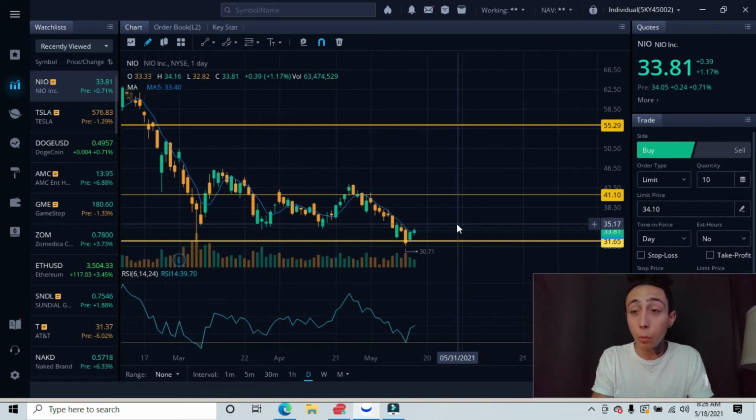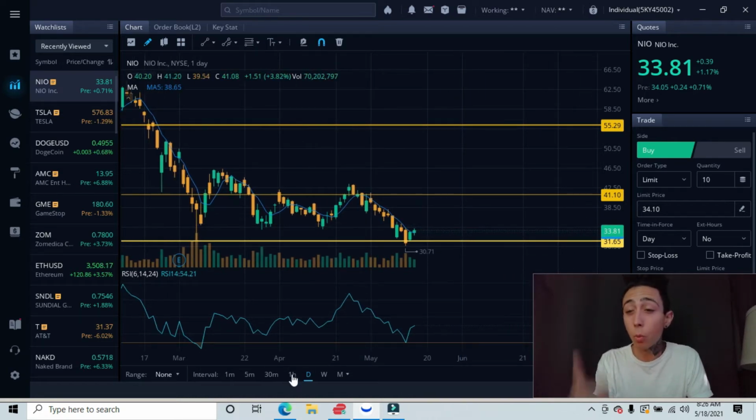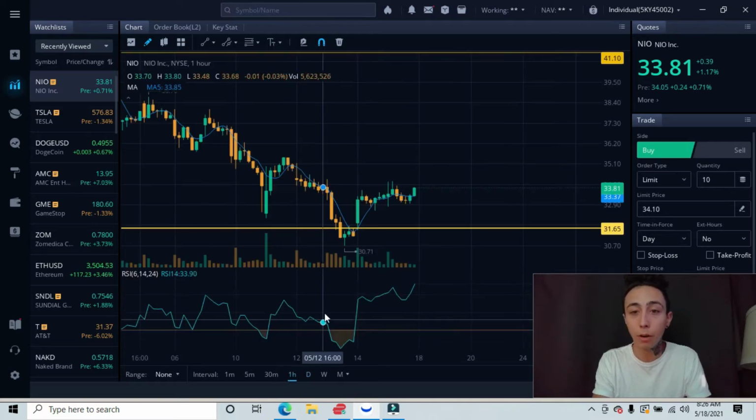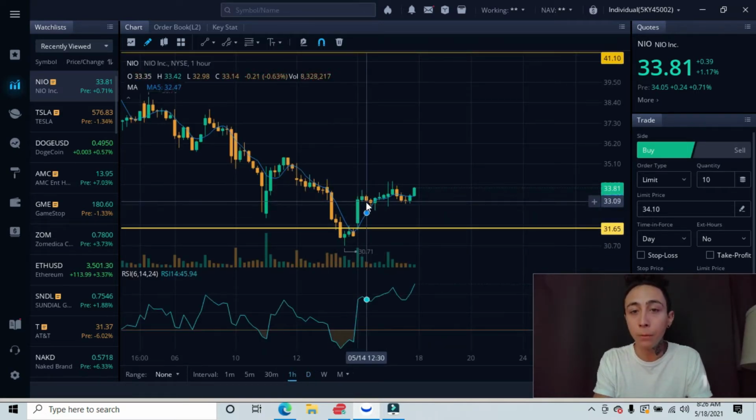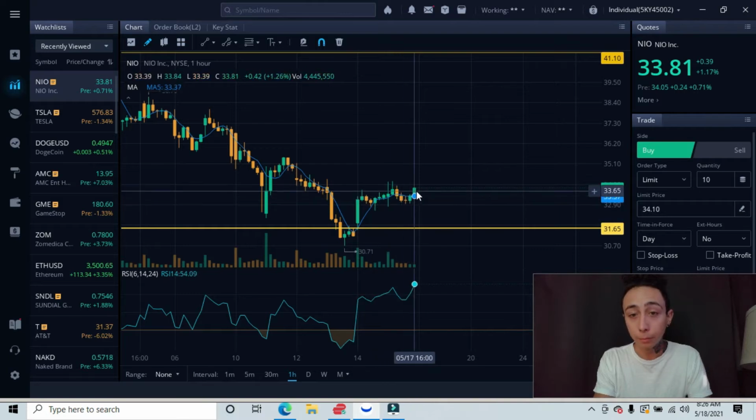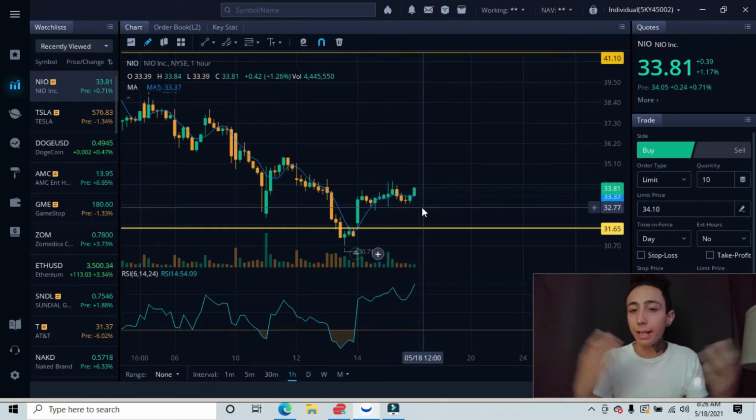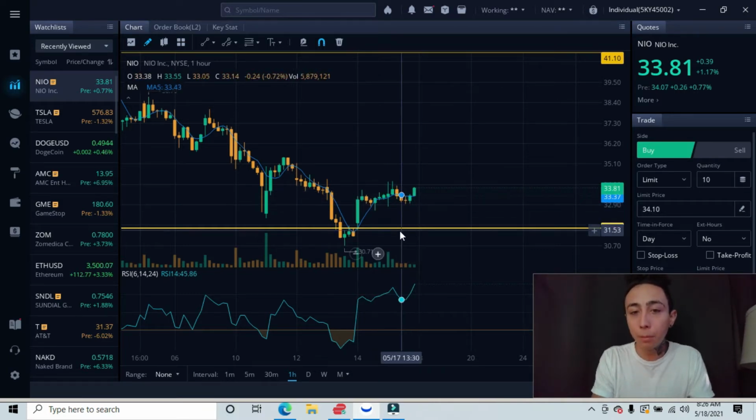All right, so if you were to get in right now, let me go down to the 1 hour chart so we can get a more accurate look at the candlesticks themselves. Okay, so you can see that we did break under, and then we created this breakout and started this upward trend. So if you were to get in, you guys, I would at least have your stop loss underneath our major support line, that being around the $31 area.